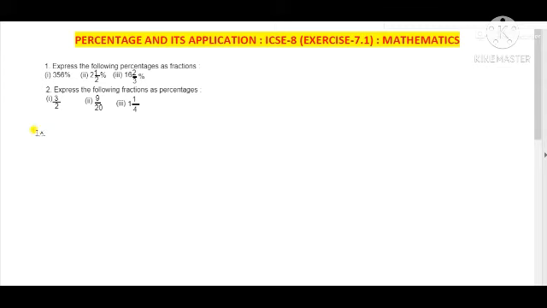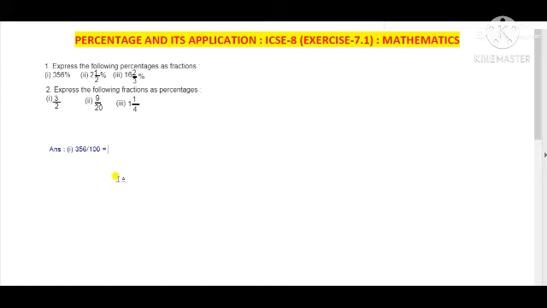Let's see what will be the answer of question number 1. In this case, simply we have to use percentage as 100. Therefore, in the case of the first sum, it will be 356 divided by 100.